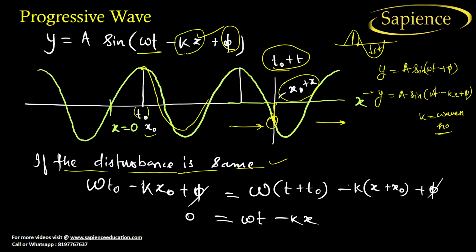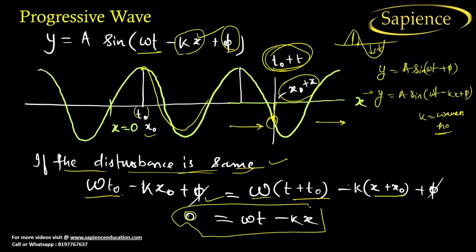If the disturbance is the same, we can write omega t naught minus k x naught plus phi, and this is equal to omega times, in place of t naught, t naught plus t, and x will become x naught plus x. When we do this, we will get 0 equal to omega t minus kx. I hope you have understood why.